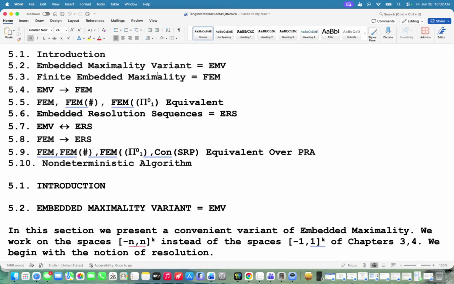I actually start off with a variant. I think we talked about this last time. I'll review it. We have an embedded maximality variant that's very close to what was reversed. You'll see the difference.